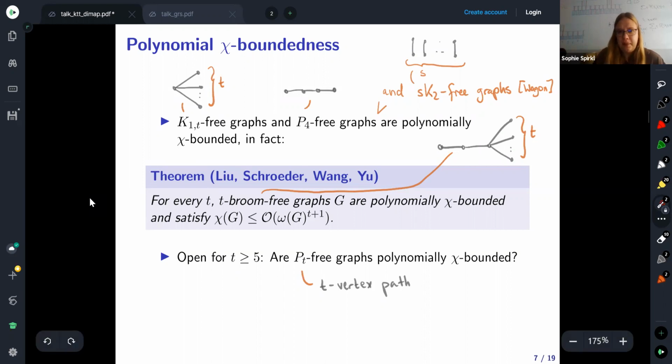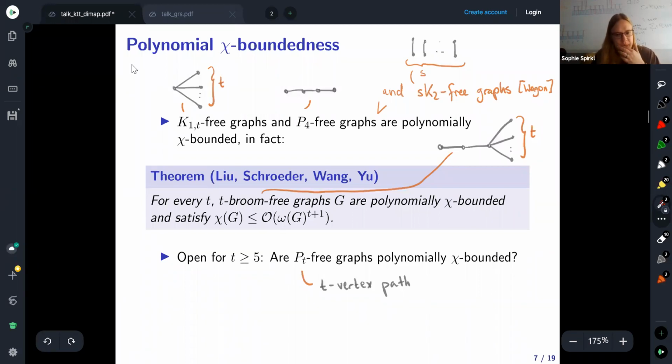And one of the first results that was slightly harder to prove is if you exclude SK2, which means S disjoint copies of K2, which is a graph with one edge, then Wagon proved that excluding that makes you polynomially chi-bounded as well.